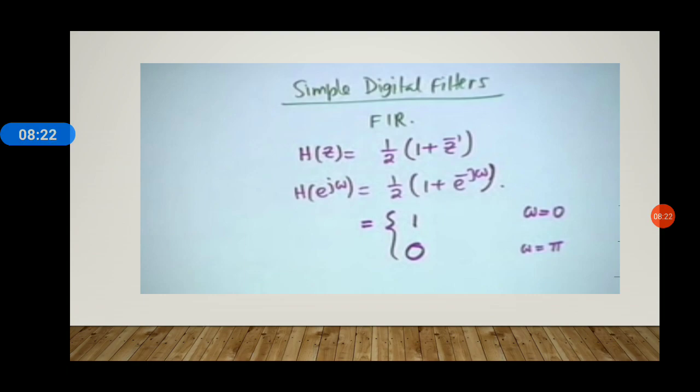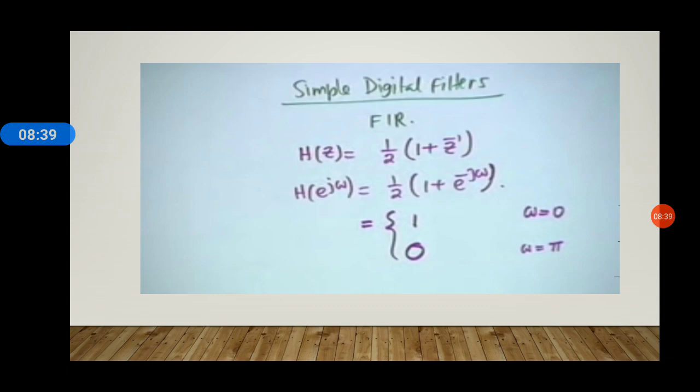From now onwards, we know when omega is equal to 0, z is equal to e to the power j omega, so z is equal to 1. And when omega is equal to pi, z is equal to minus 1.